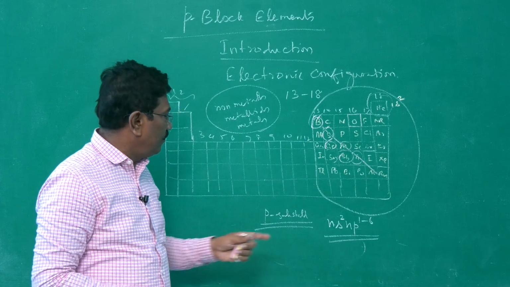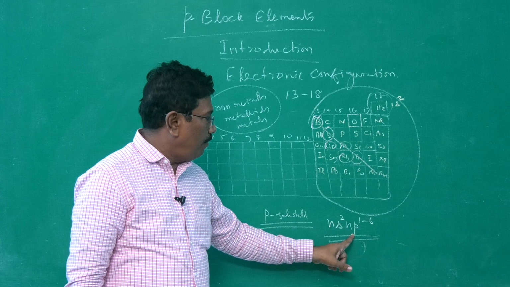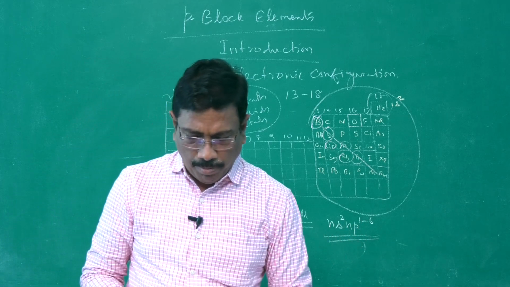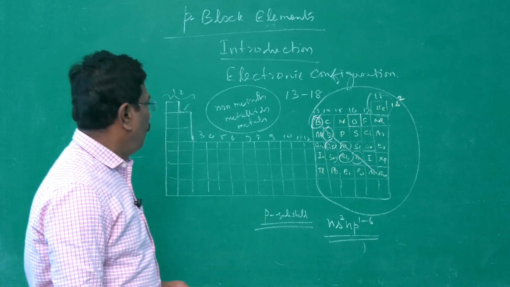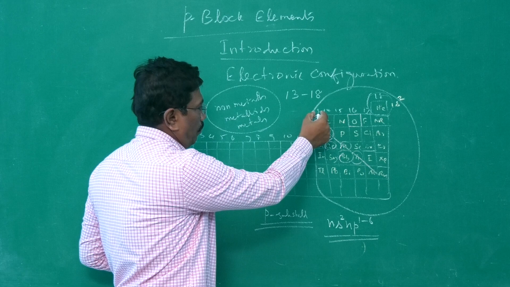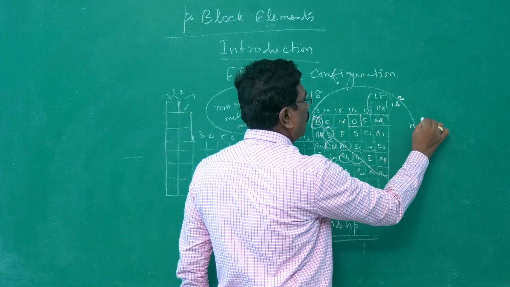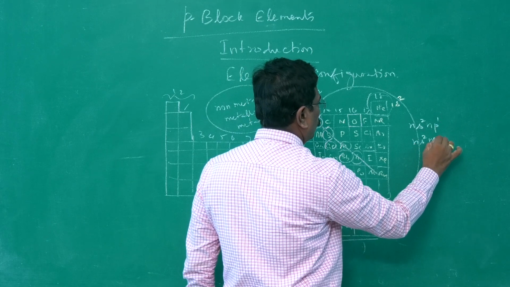Regarding the electronic configuration, as I mentioned here, ns2 np1 to 6 is the general electronic configuration of P block elements. In the boron group elements, the configuration is ns2 np1. For carbon, ns2 np2.